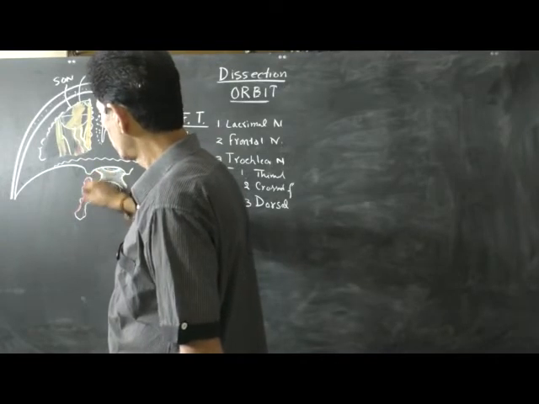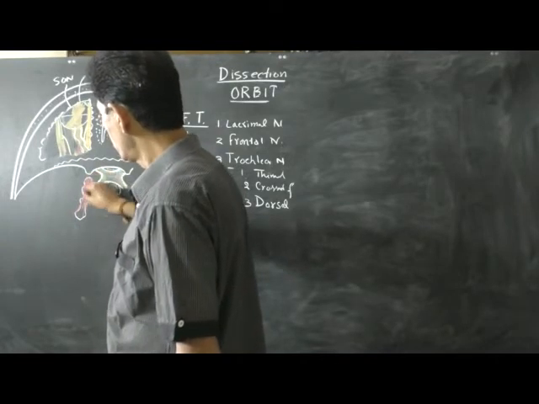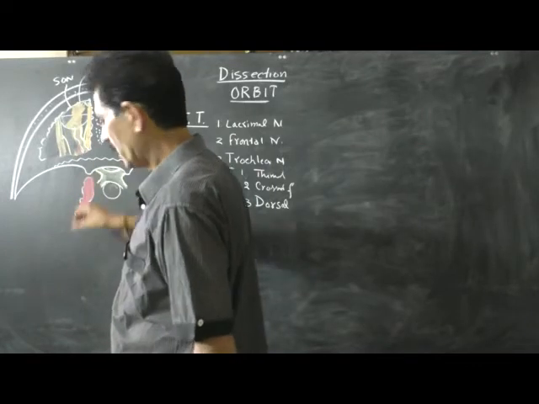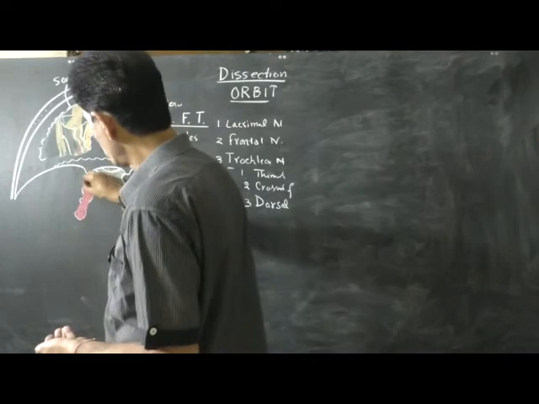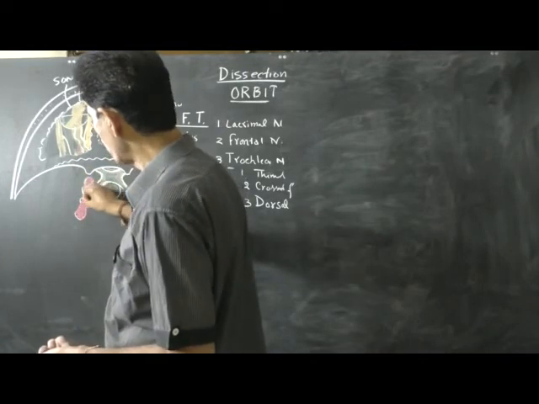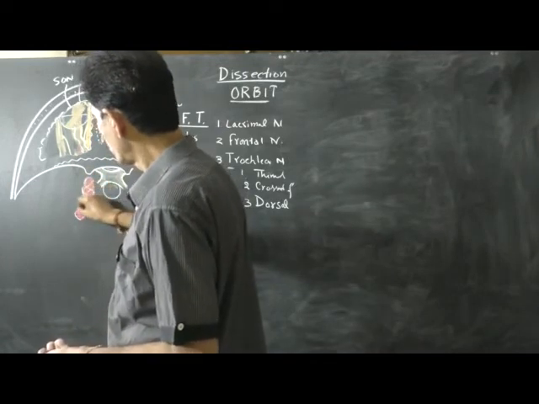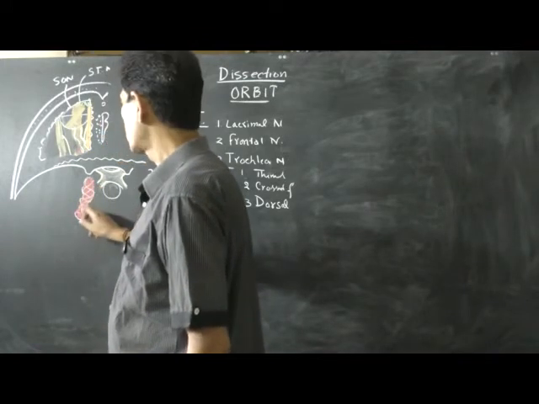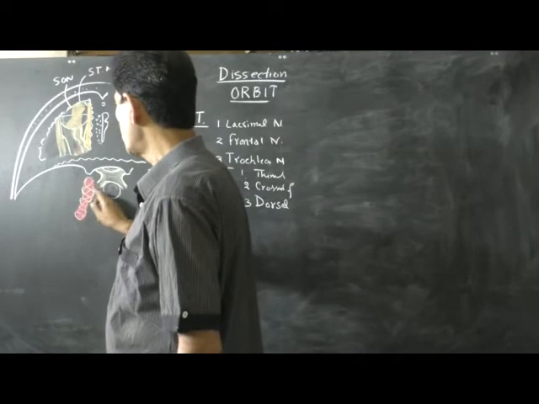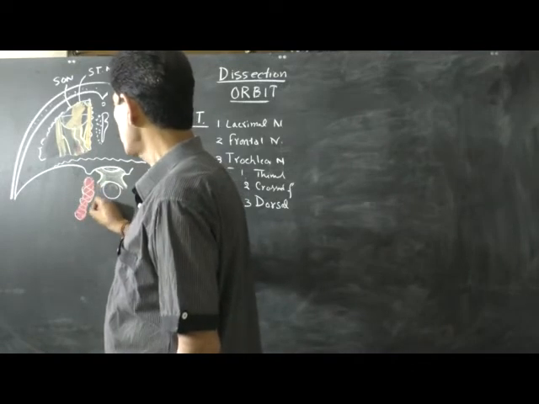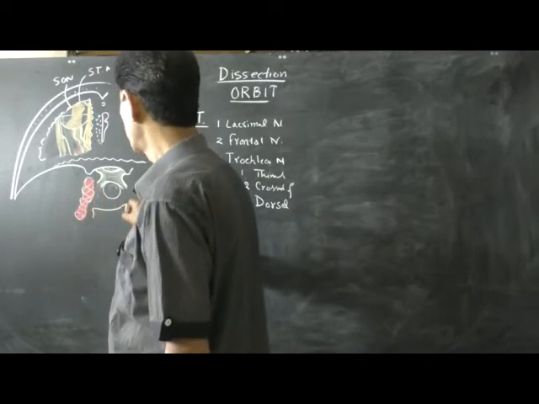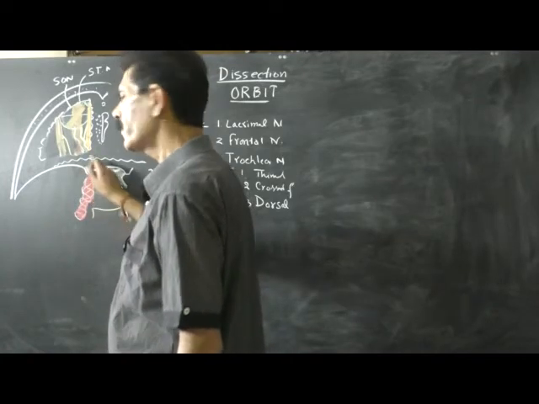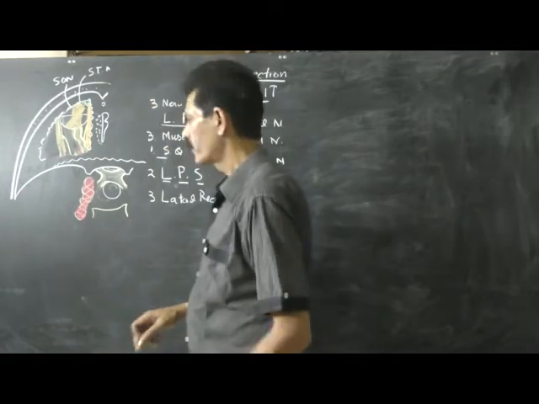This internal carotid artery is surrounded by the sympathetic plexus around it. And here it forms the sinuous course, the carotid siphon, on the lateral surface of the body of the sphenoid bone. So this is the body of the sphenoid bone, this is the lateral surface of the body. Here it forms the carotid siphon.